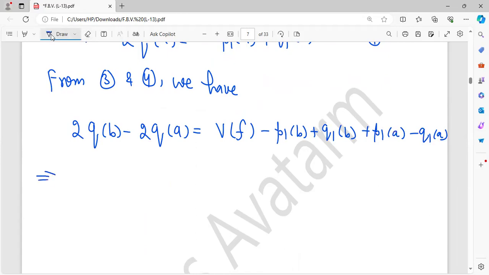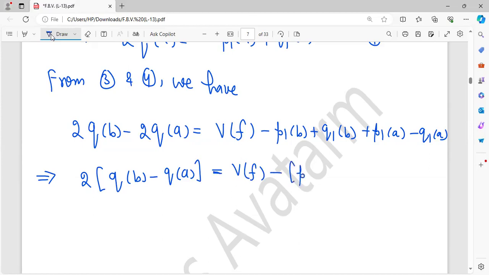So taking 2 common from here, so I can write it minus p1b minus p1a plus q1b minus q1a.